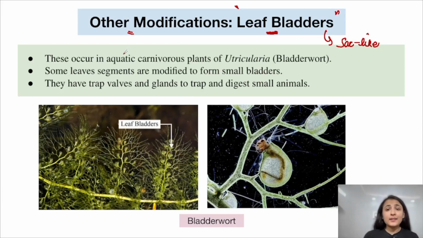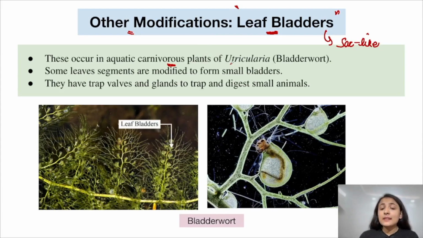Now these occur in aquatic plants, which are the plants which are present in water, and which are carnivorous. So leaf bladders are the modifications of leaves which are seen in aquatic plants which are carnivorous.